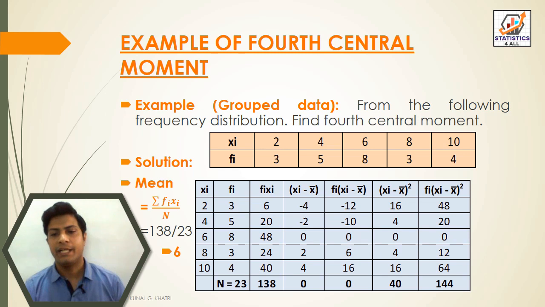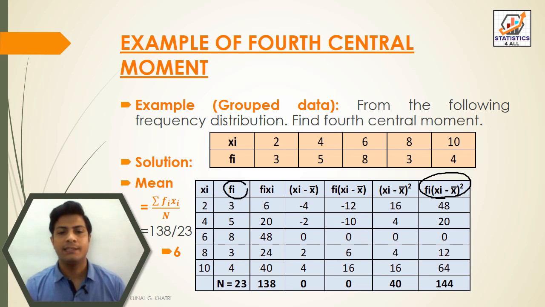Now we find fi into xi minus x bar whole square, that is this frequency into xi minus x bar whole square. This is given here.